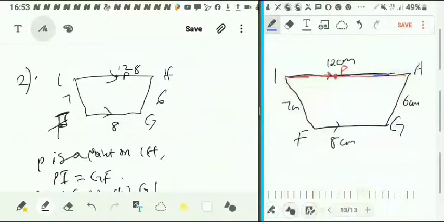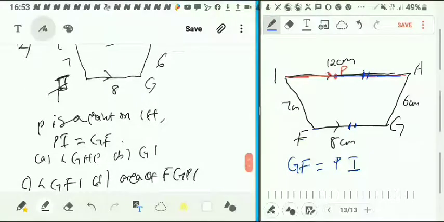Then they said PI is equal to GF. That means this place to this place is equal to this place to this place. So let me put equality. GF is equal to PI. PI is a point on IH, PI is equal to GF.